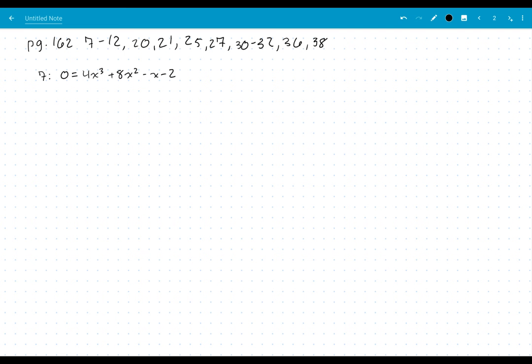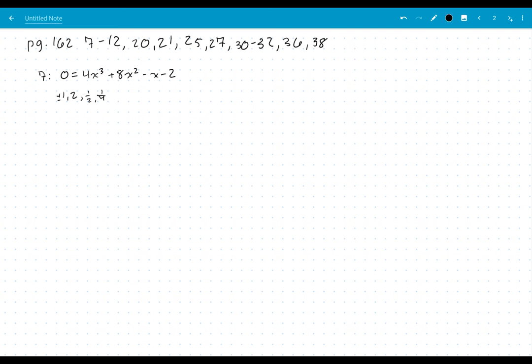And as we talked about before, the possible rational roots include the factors of 2 divided by the factors of 4. So we start off with 1 and 2, and then we have 1/2 and 1/4, because 2 divided by 2 is 1, and 2 divided by 4 is 1/2. So the others don't really matter.